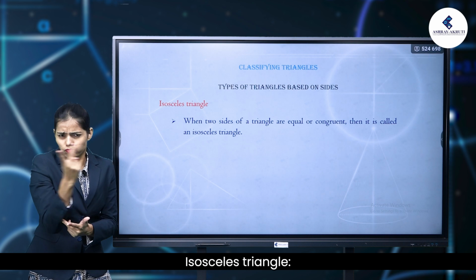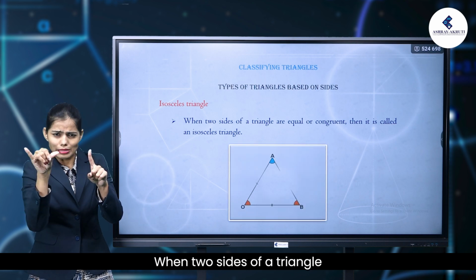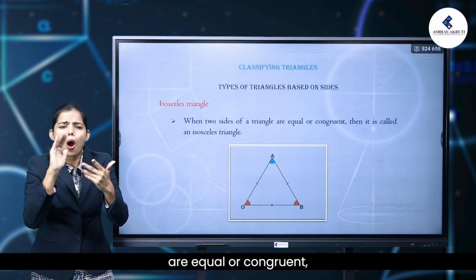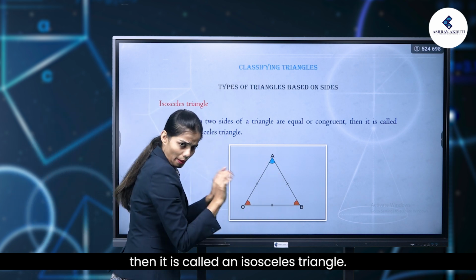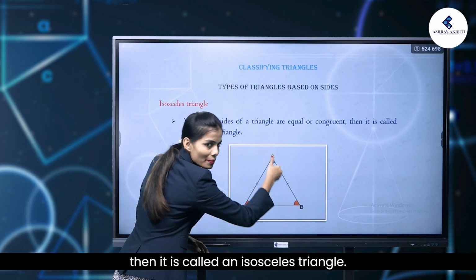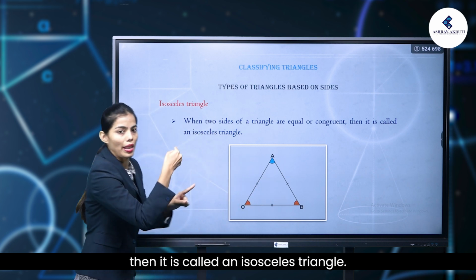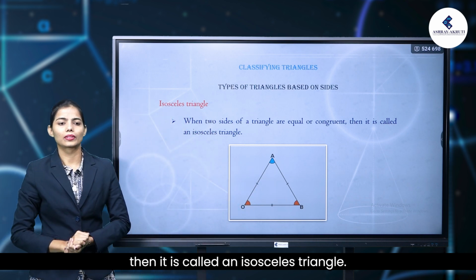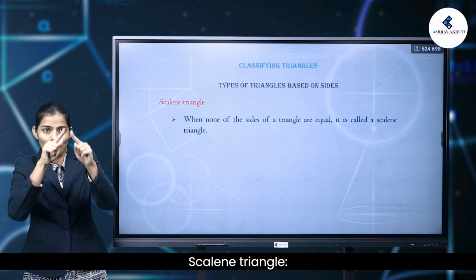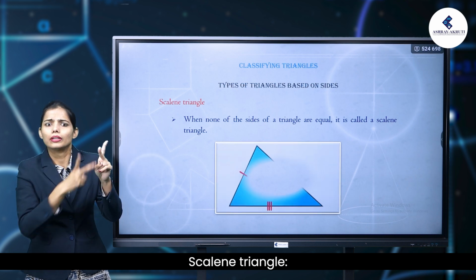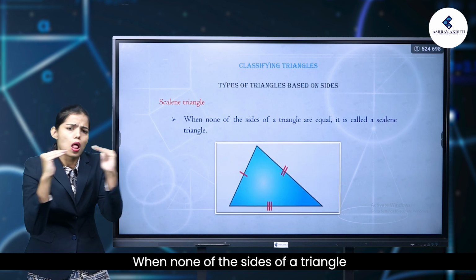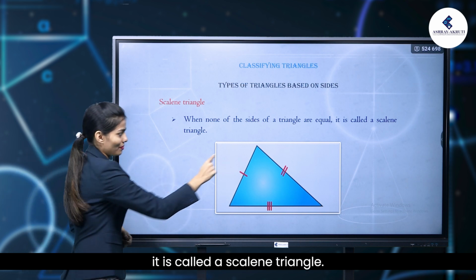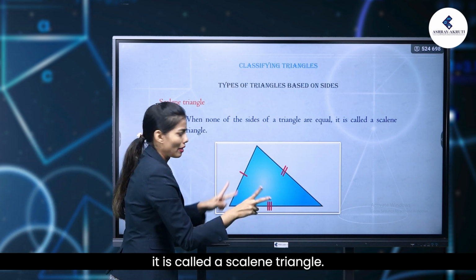Isosceles triangle. When two sides of a triangle are equal or congruent, then it is called an isosceles triangle. Scalene triangle. When none of the sides of a triangle are equal, it is called a scalene triangle.